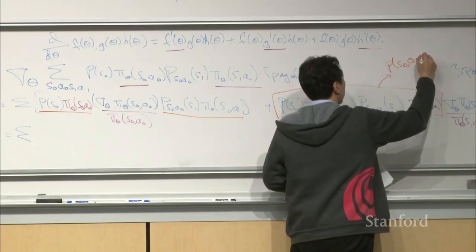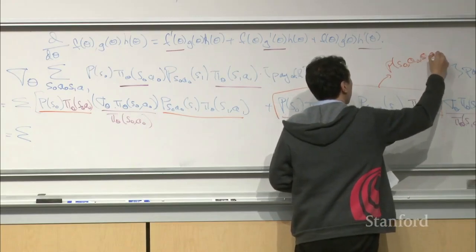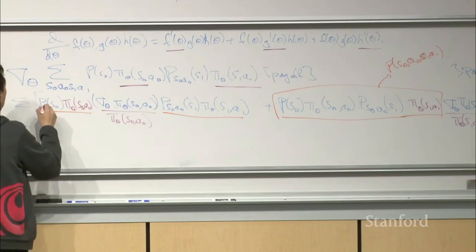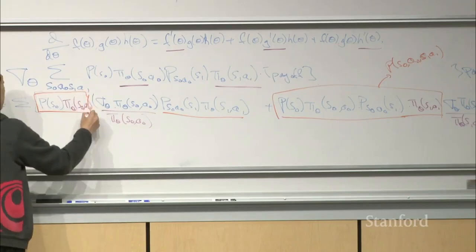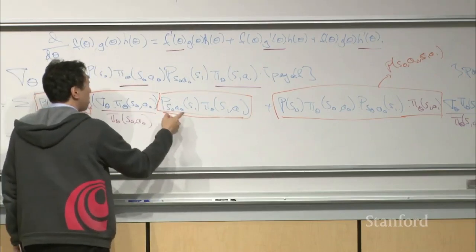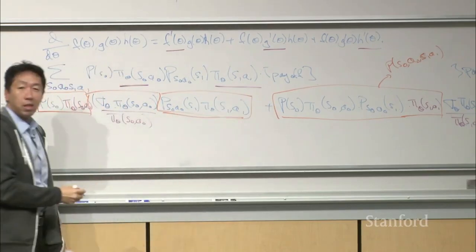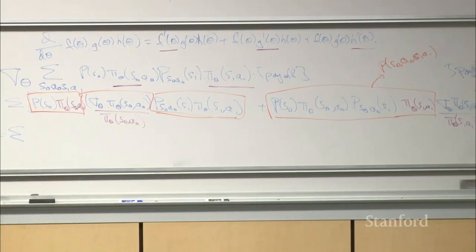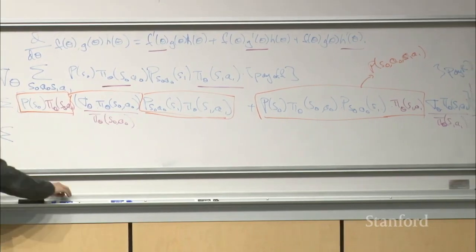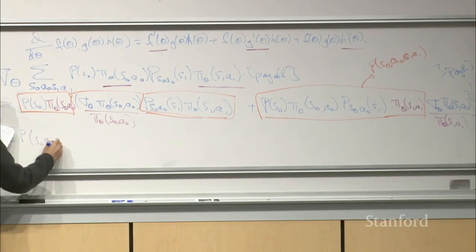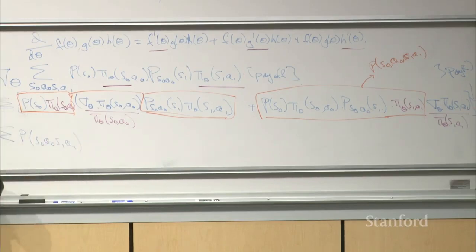And again, for the orange thing, these two orange things multiplied together is equal to that orange thing in that box as well. And so the final step is to factor out the orange box, which is just P of S0, A0, S1, A1.